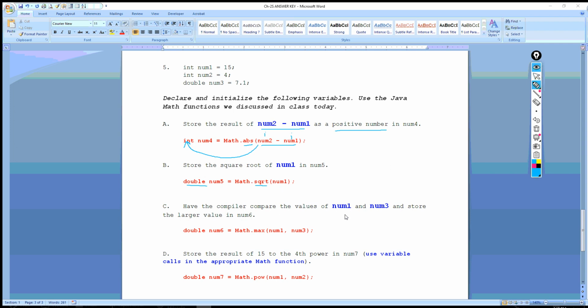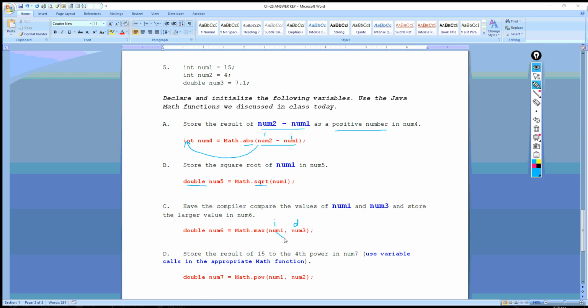The third one, we're going to compare these values, num1 and num3, using Math.max. There's also a Math.min, which finds the lower value of these two. So num1 is an int, and num3 is a double.